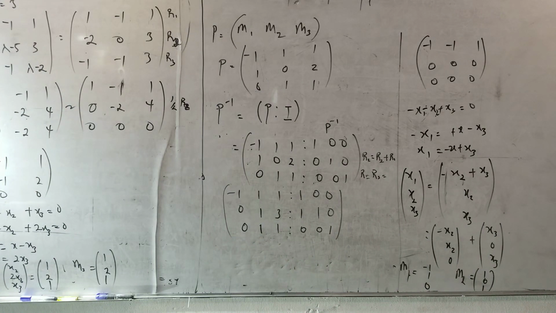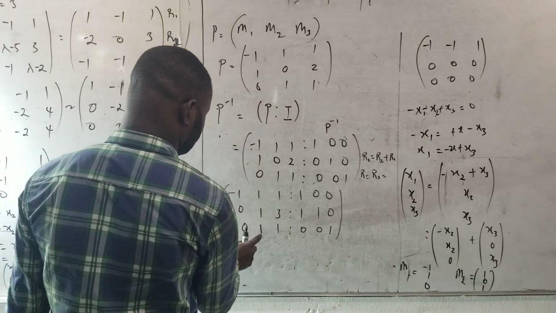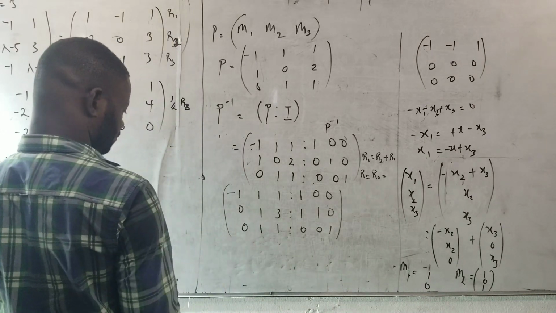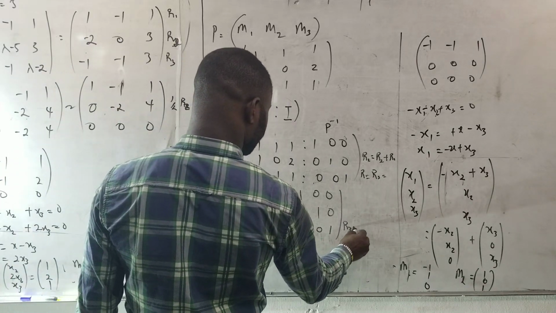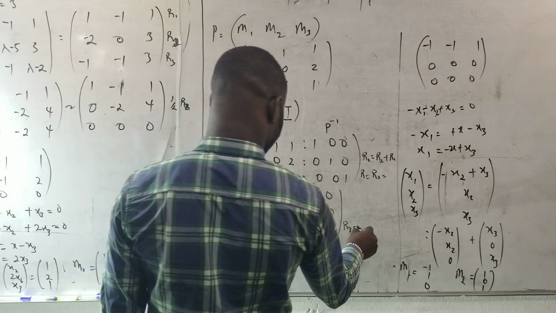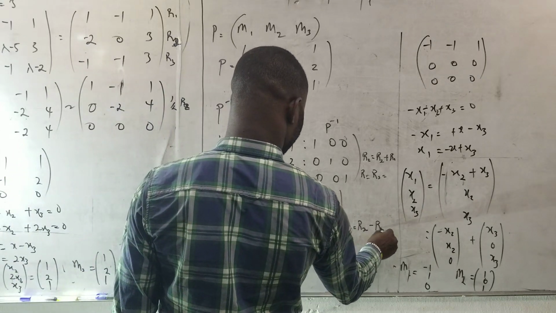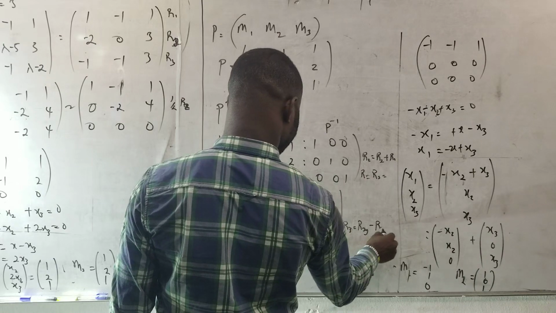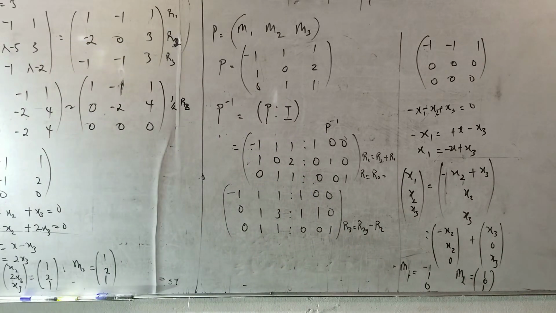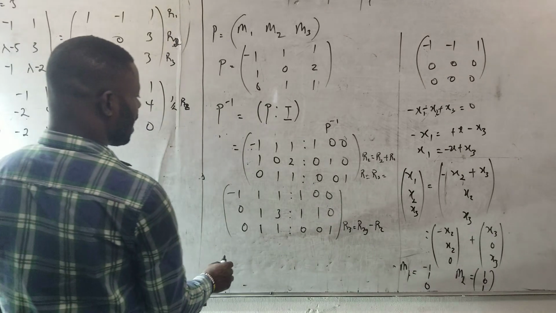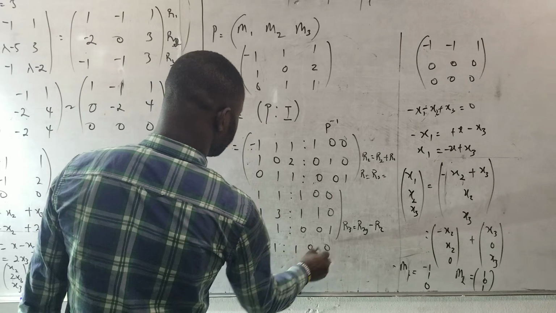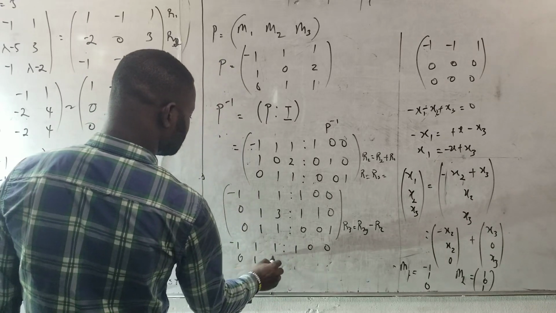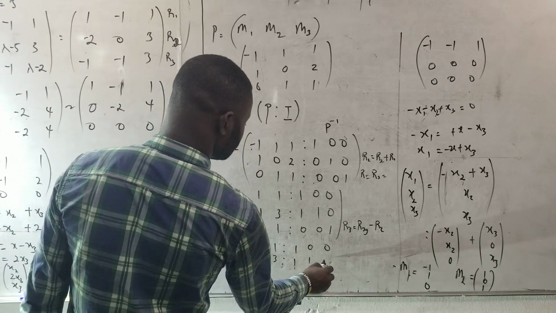Now, the next thing we need to work on is to get this place to be equals to 0. It means my R3 can be equals to R3 minus R2. By so doing that, I'll be having minus 1, 1, 1, 1, 0, 0, 0, 1, 3, and 1, 1, 0.